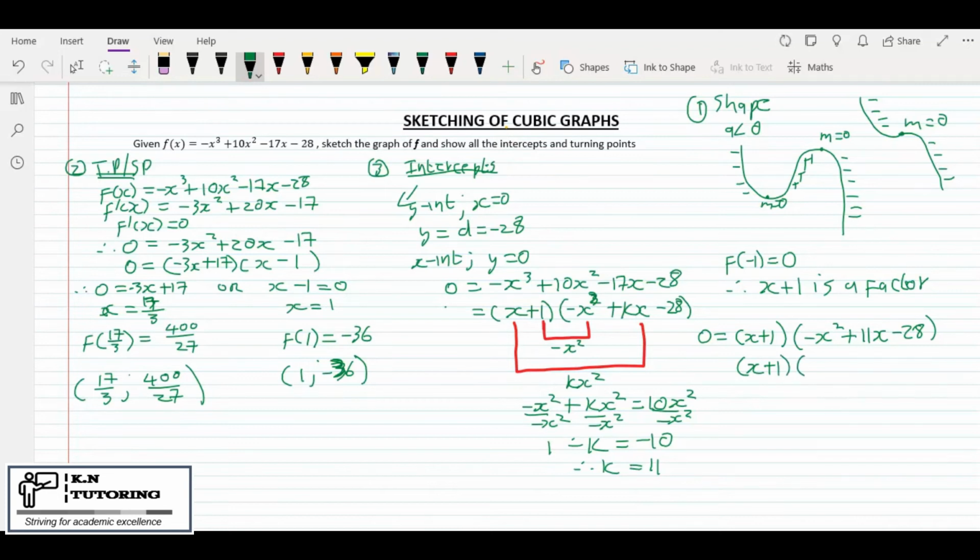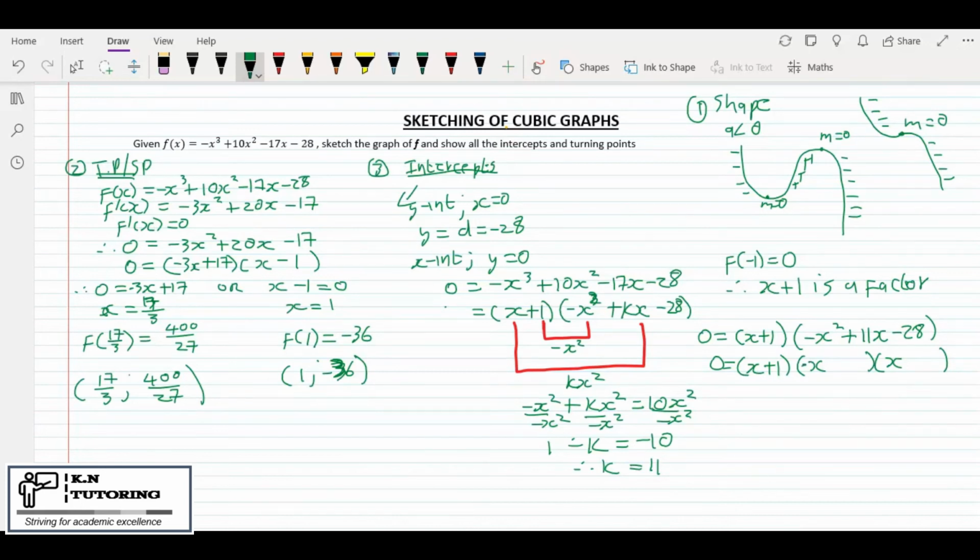If I want to factorize this, I will get x there, forgetting that this is 0. Factors of 28. One of them must be a negative here. So I will put in a negative here.